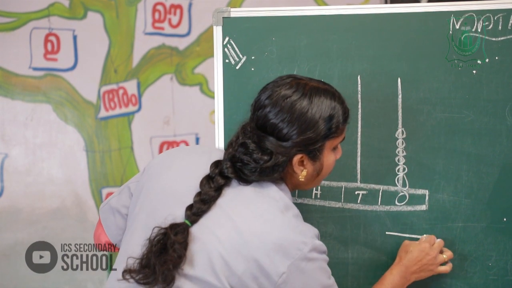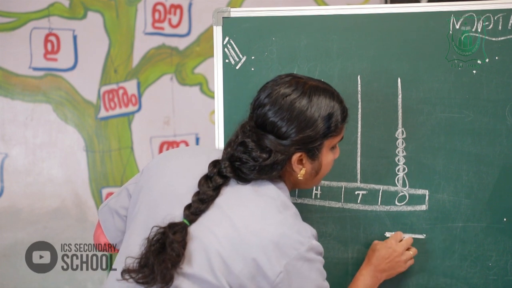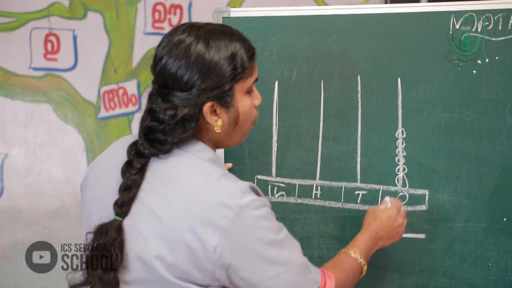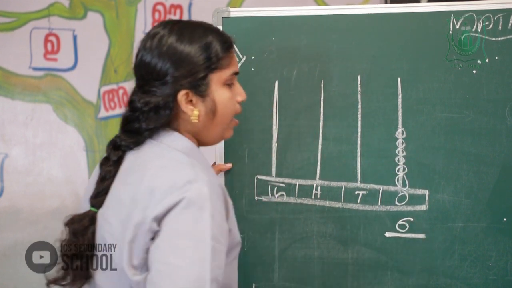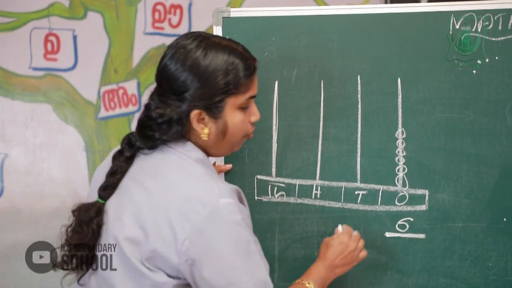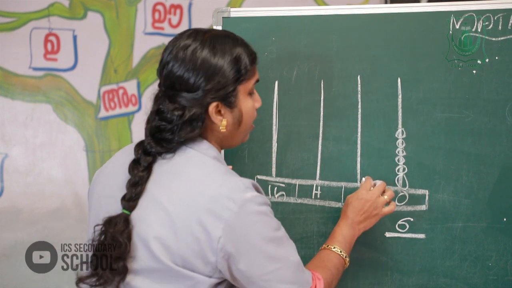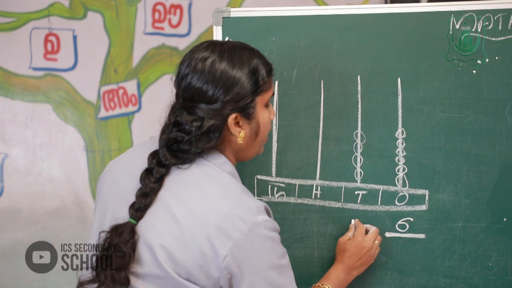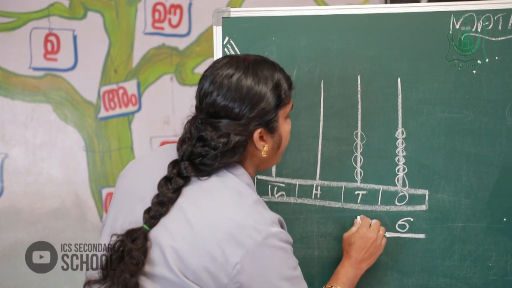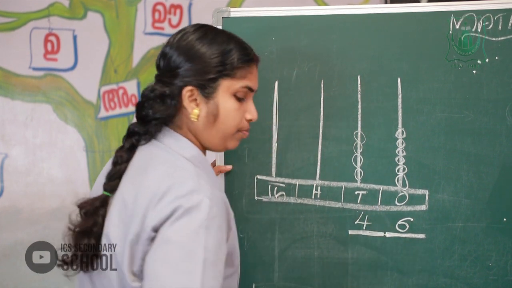Please write 6 on the blank space. In 10 place, 4 beads: 1, 2, 3, 4. Here you write 4.